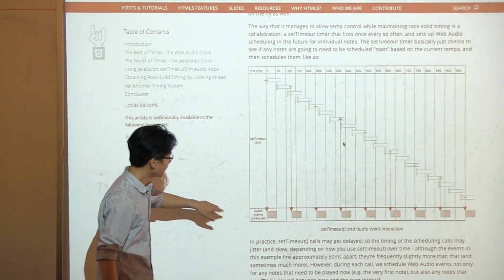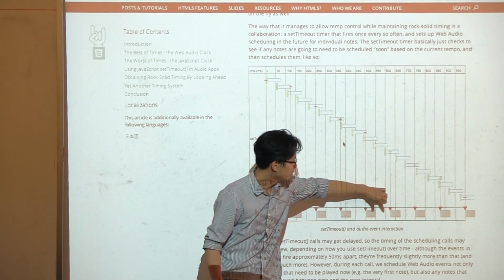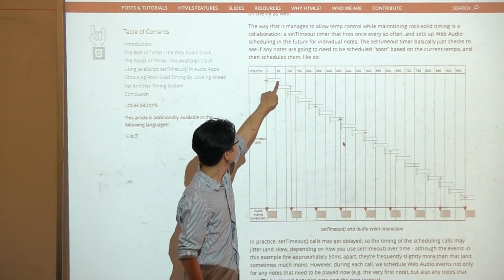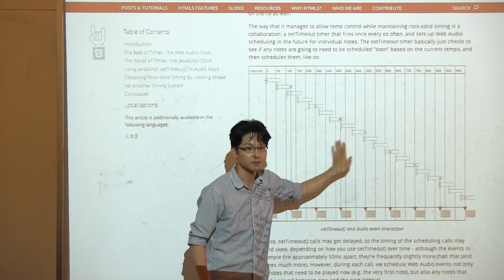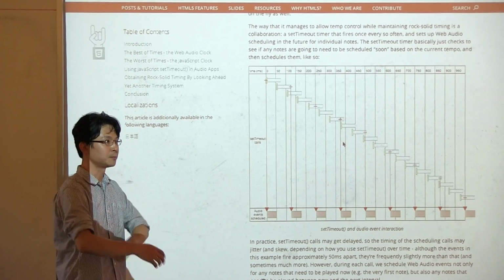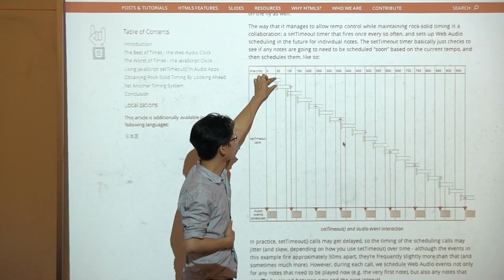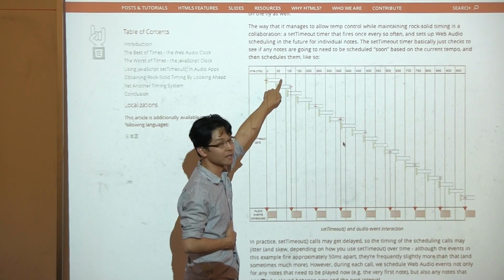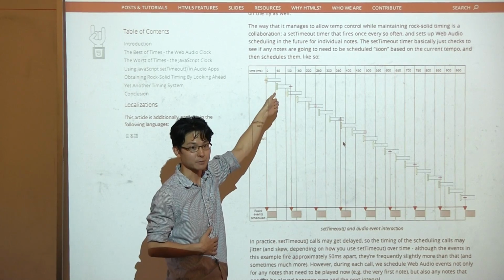Basically, this is what you want to get, very precise timing for a musical event. But this is what you have with JavaScript timing. They're very jittery, you can see. So what you have to do is use the JavaScript timing function, but look ahead of time to see if there is an event that you want to play at a very precise time.